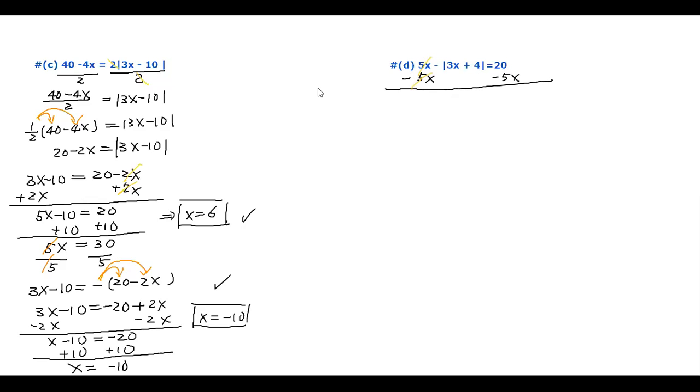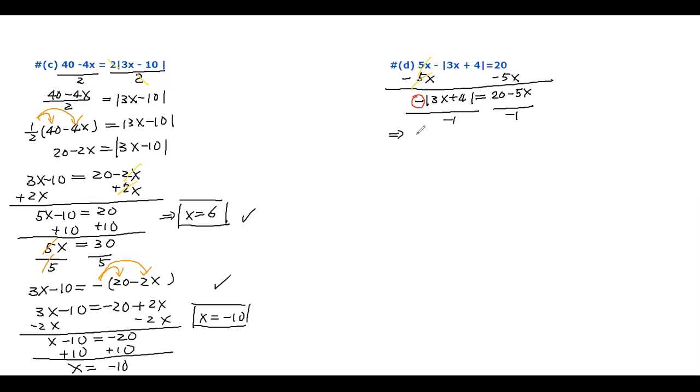These two cancel, so I have negative the absolute value of 3x plus 4 equal to 20 minus 5x. Be careful, I have this negative sign here. I cannot have that when I break it, so I divide by negative 1 on both sides.